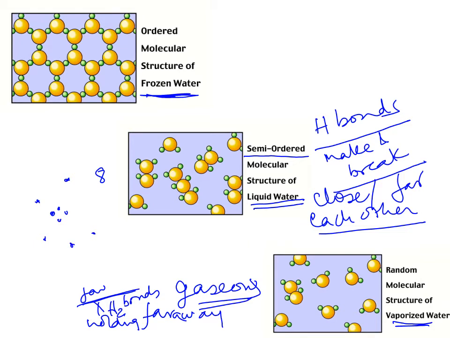Whereas if it is in the frozen form, it would be, okay, which means it occupies a specific, very ordered kind of structure. So it occupies a specific volume.